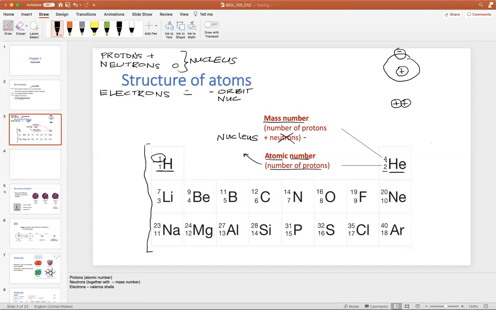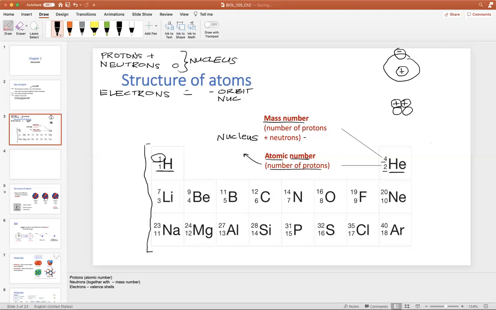Now, let's look at this number here, the mass number. The mass number is the number of protons plus the number of neutrons. We've drawn in 2 protons, but this mass number is 4, so that tells us that in order to create this particular atom, we must need 2 neutrons.